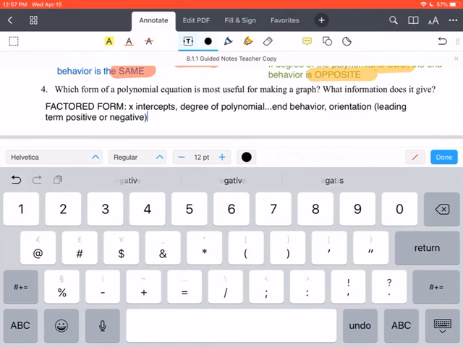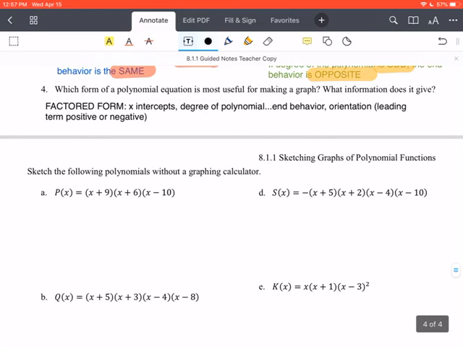Okay, so that is kind of relating to, and I might be getting a little ahead of myself, but for our even degree polynomials, okay, if we have a positive leading term, then we're going to have up, up. But if we have a negative leading term, we're going to have down, down.